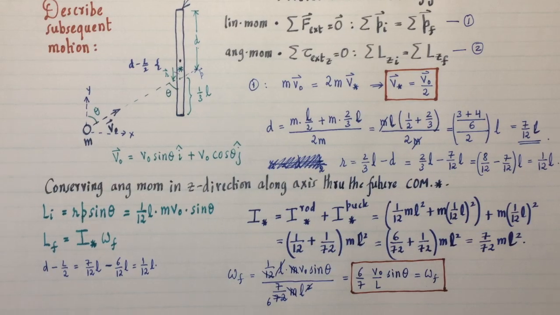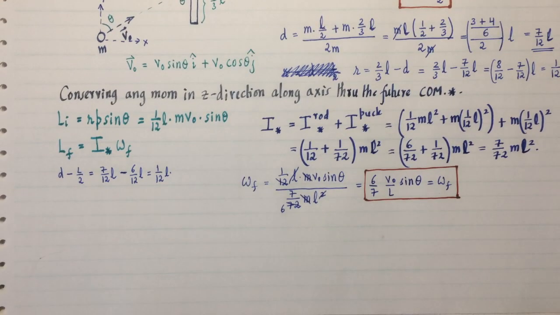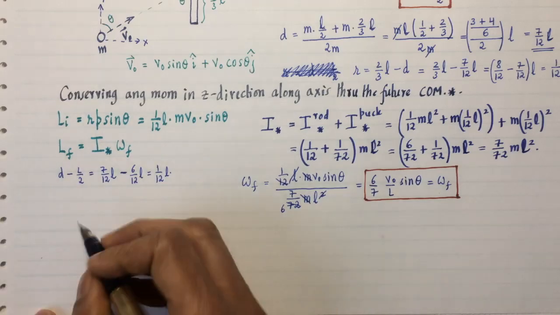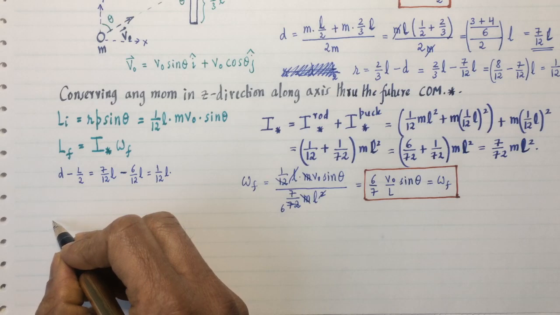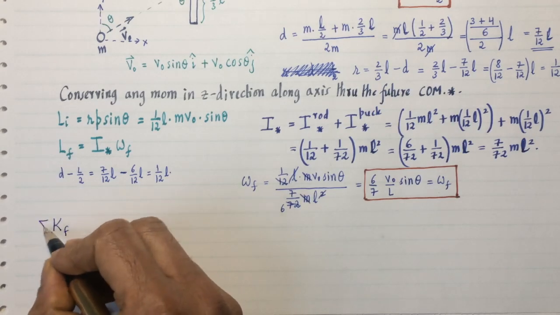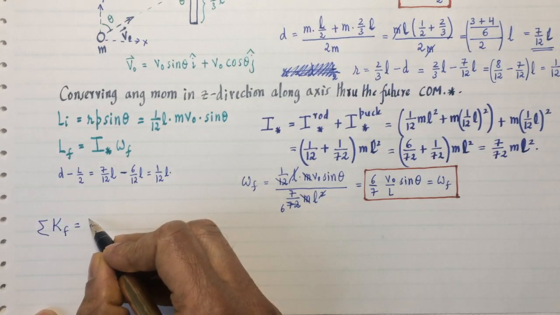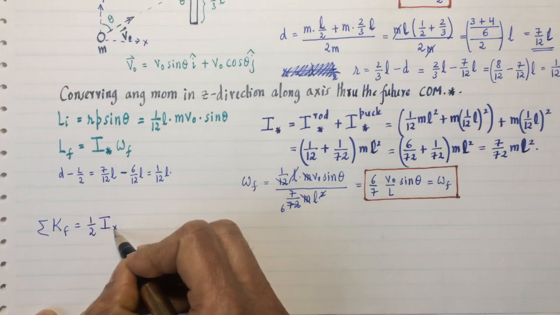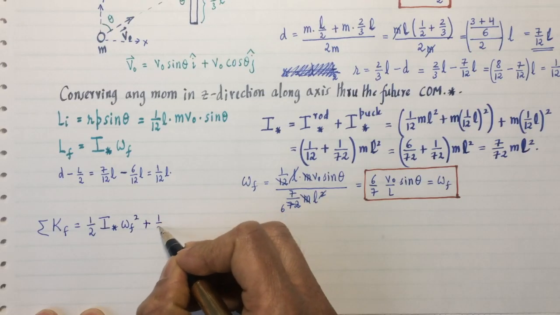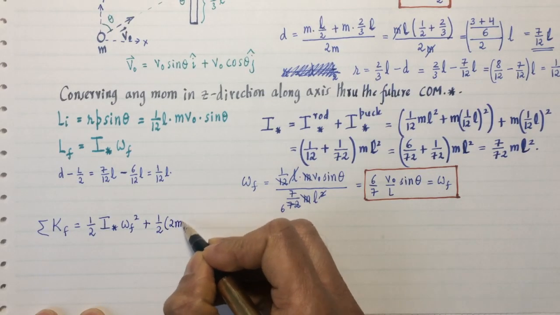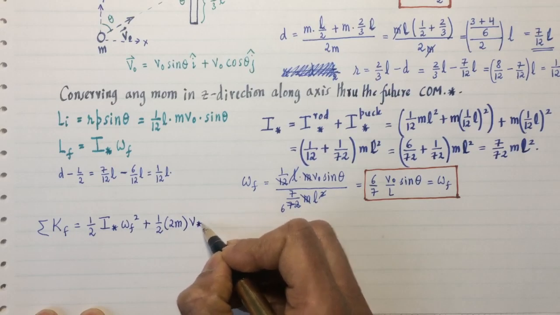Now the last bit that remains is to show that energy is in fact lost, and that's actually a pretty nice calculation, so let's do that too. The final kinetic energy is going to be comprised of both translation and rotation of the combined object. So let's find that first. The final kinetic energy is going to be 1/2 I star omega f squared plus 1/2 the total mass times the speed of the center of mass squared.